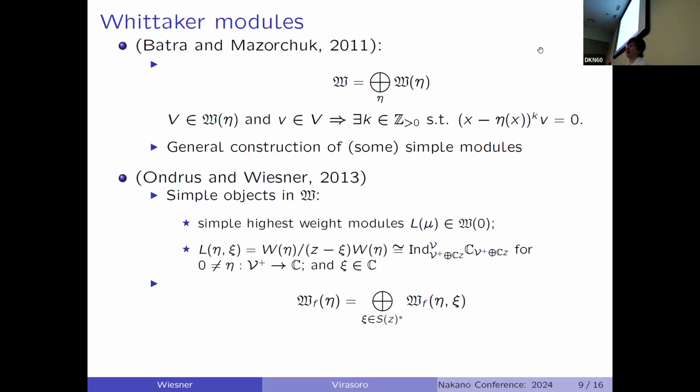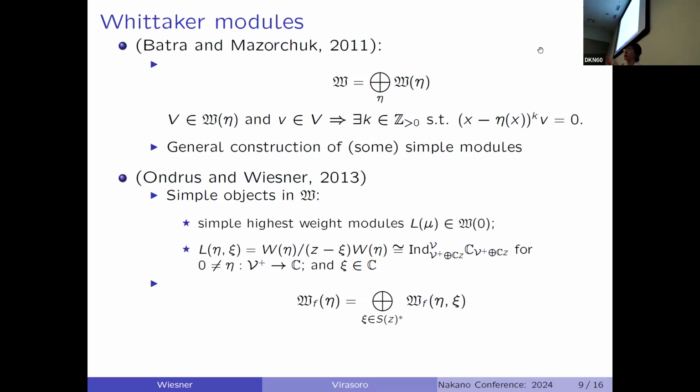In many different settings, the center of the universal enveloping algebra of the Lie algebra seems to play an important role in describing what the Whittaker modules look like. So it comes up here in defining these simple modules, but then also if we restrict to modules in this category that have finite composition length, so that's what the F represents there in WF, then the action of Z really describes what's happening in the modules overall.